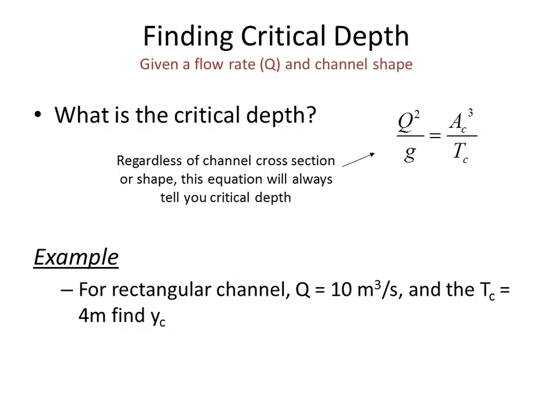This equation rearranges to Q squared divided by g equals the bottom width, which is 4, times Yc cubed divided by the top width when conditions are critical.